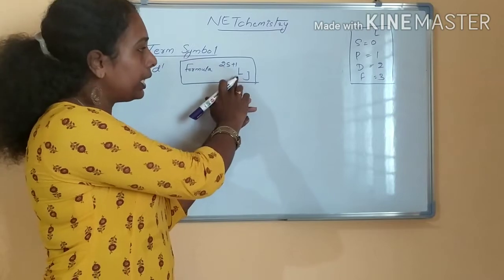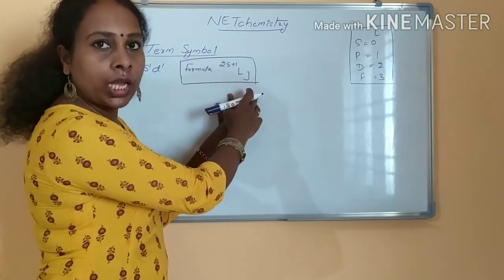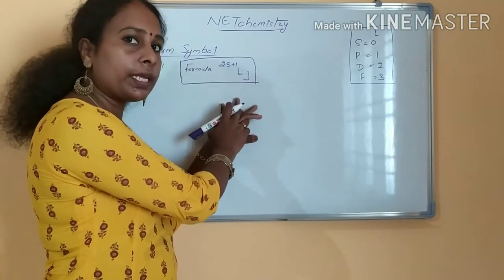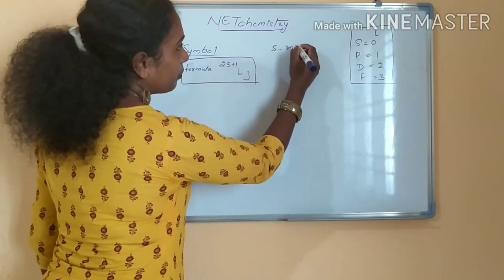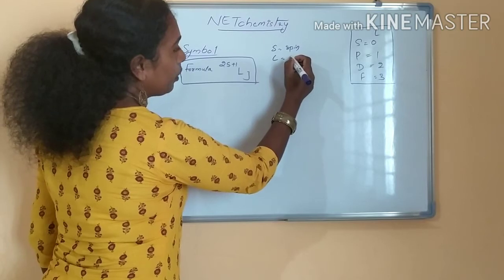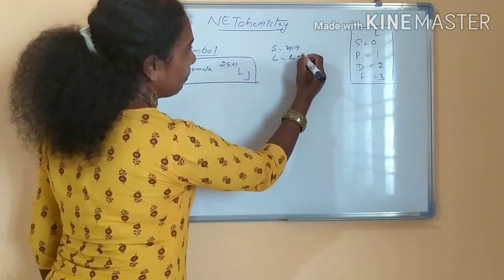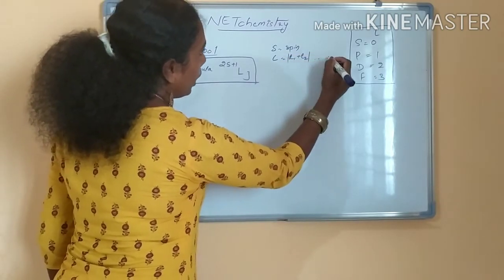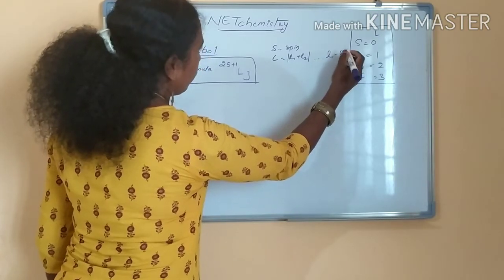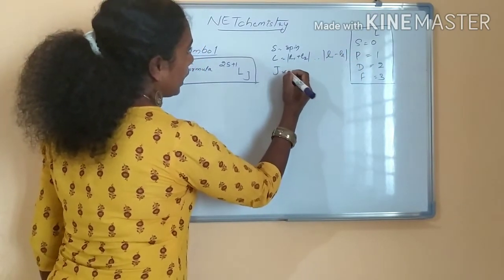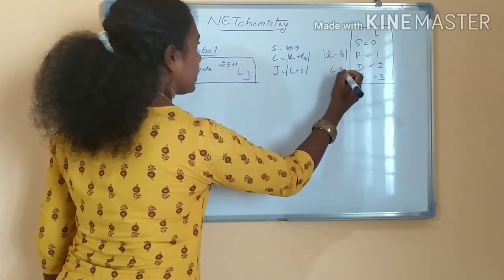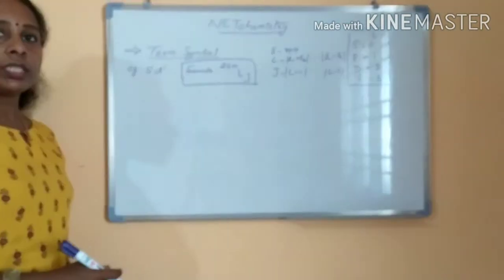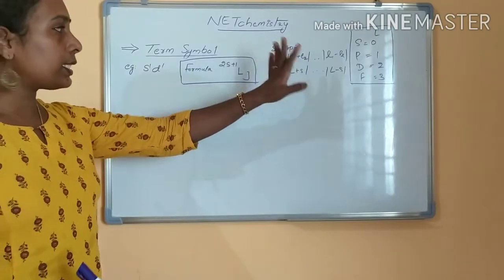S is spin, L is the angular momentum quantum number and J is spin plus angular momentum. L you calculate as L1 plus L2 to L1 minus L2, and J you calculate as L plus S to L minus S. S is nothing but spin.